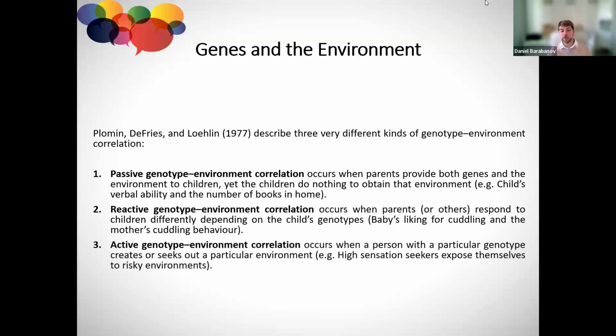But finally, there is also an active genotype environment correlation. It happens when a person with a particular genotype actively seeks and creates a particular environment. So, for example, some children have a higher need for new experiences, they are high sensation seekers, and they start to be involved in more risky behavior.